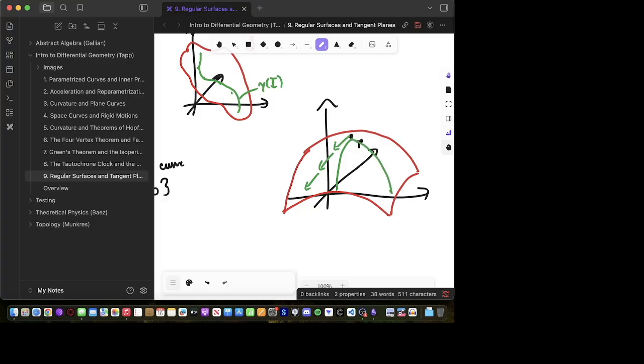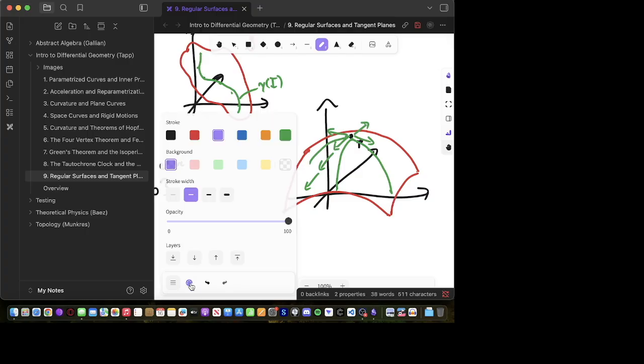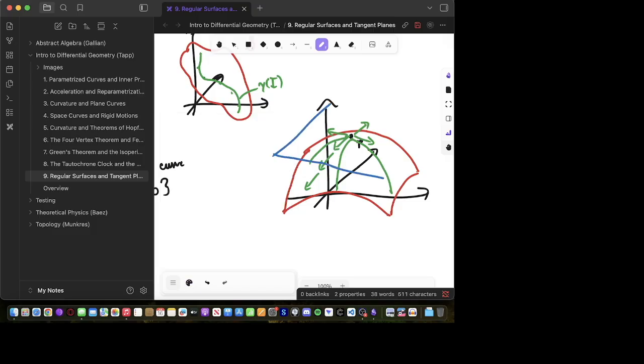There's a curve going this way, so there's a velocity vector this way, this way, this way. And as you can see, these vectors start to form a plane of sorts. And that's how we get our tangent plane.